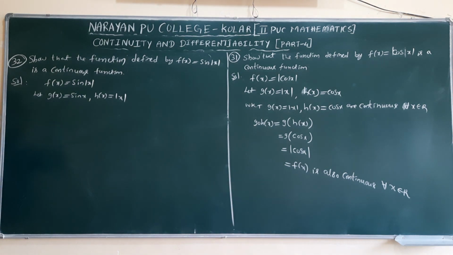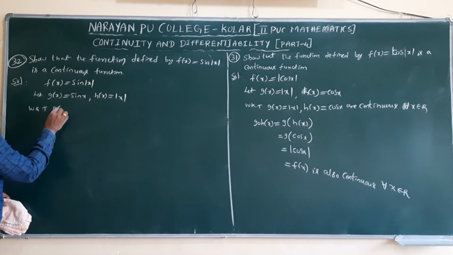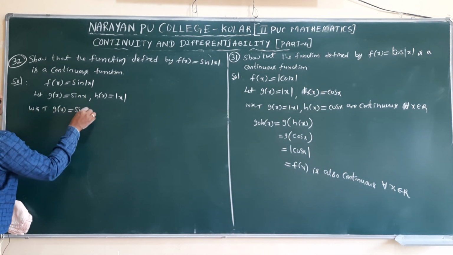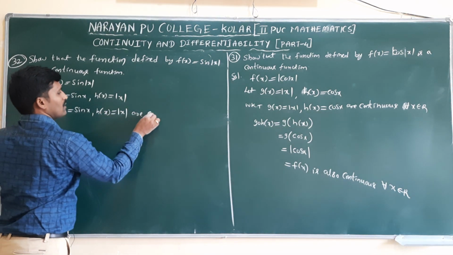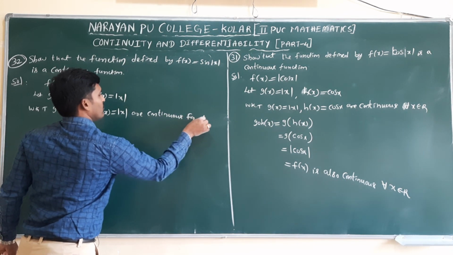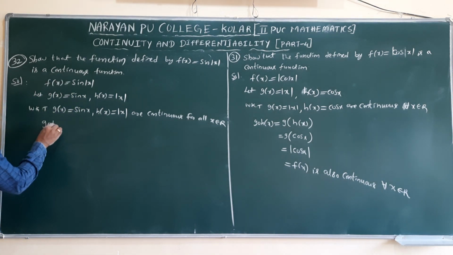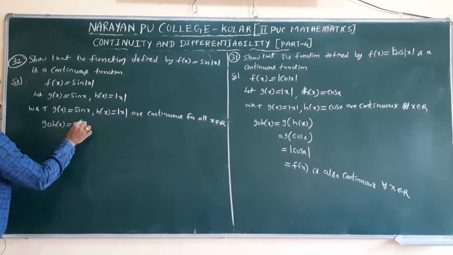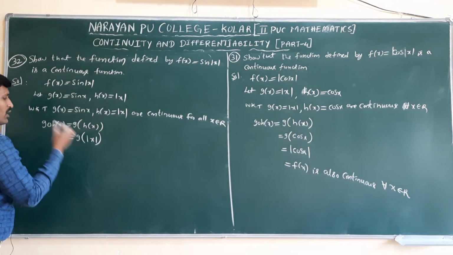Now here sine x is a curve, clearly we know it is a continuous graph. The modulus function also, V shape we get. It is also continuous for all real numbers. So clearly we know that g of x is equal to sine x, h of x is equal to mod x are continuous for all x belongs to R. Now its composition also gives continuous only. g circle h of x, g of what? h of x is mod x.